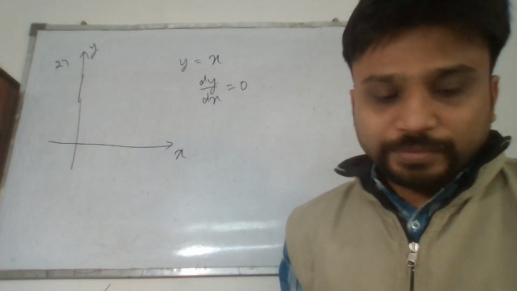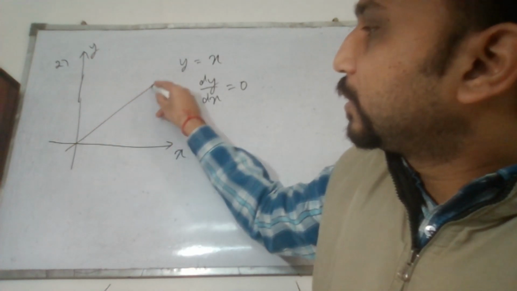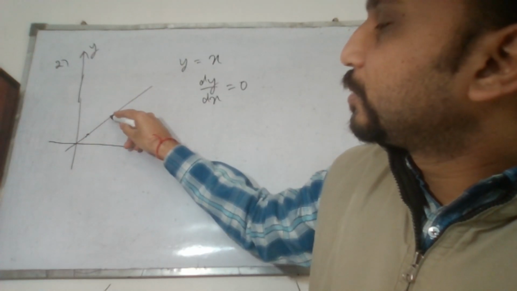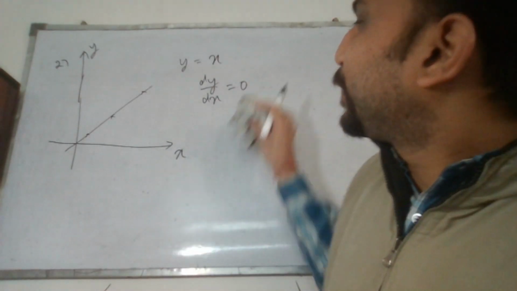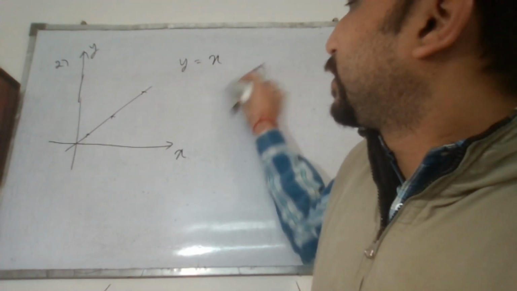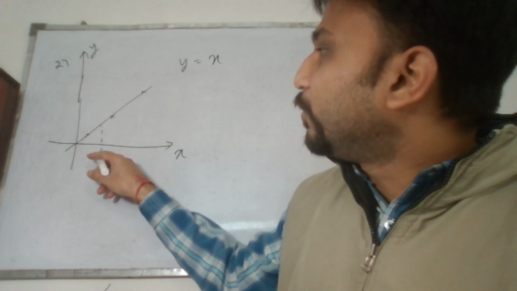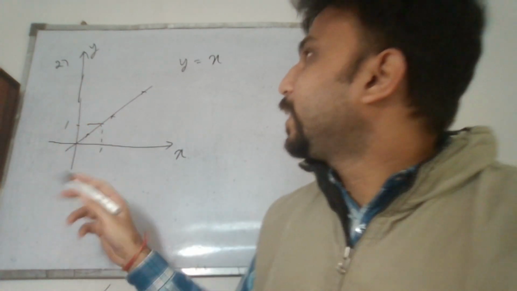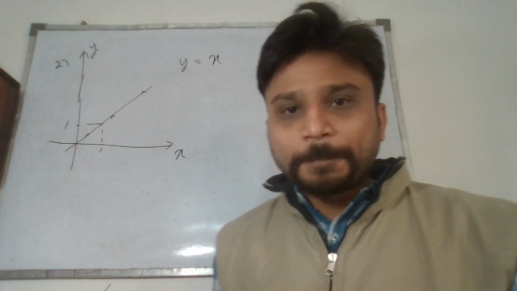This curve will look like this. If x is equal to 1, we know y would be equal to 1, right? Because if we put the value of x as 1, y will become 1.